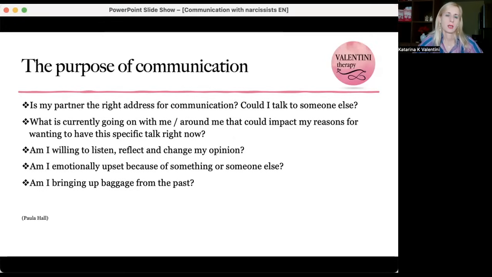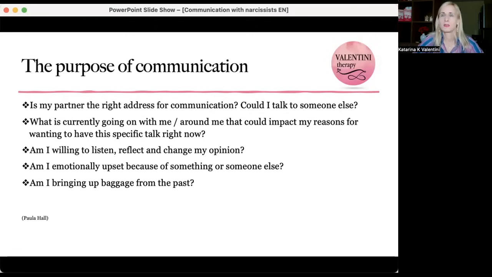For example, your best friend tells you that she's expecting her first child, and all of a sudden you wish to have a baby as well, and you want to start pressuring your narcissist into having a baby. Do not start a conversation about having or not having a baby if it is not something that you truly wish to discuss, or if you don't really have a wish to have a baby.